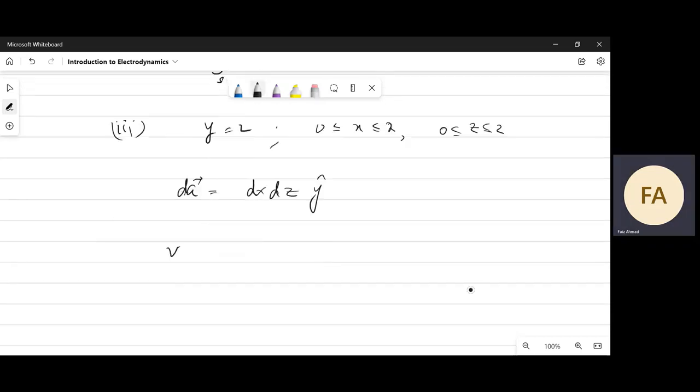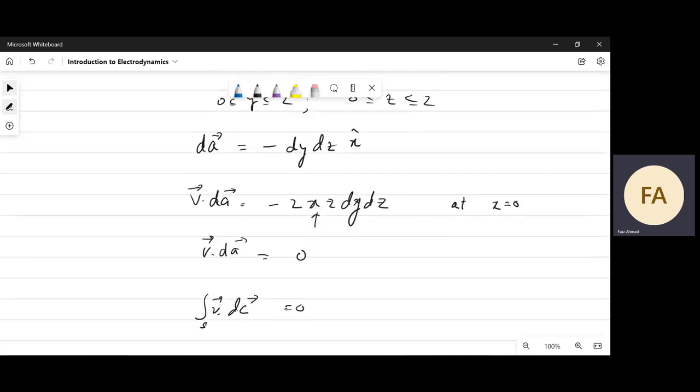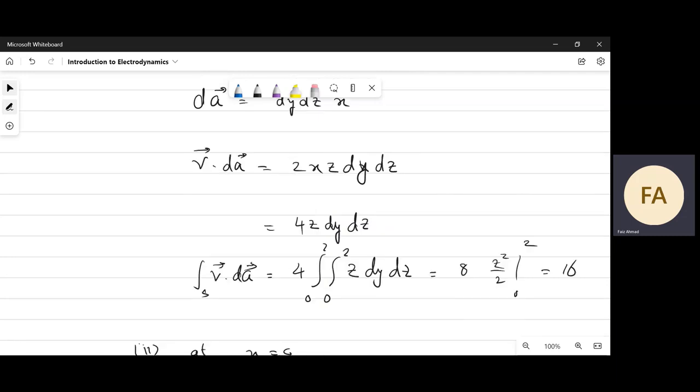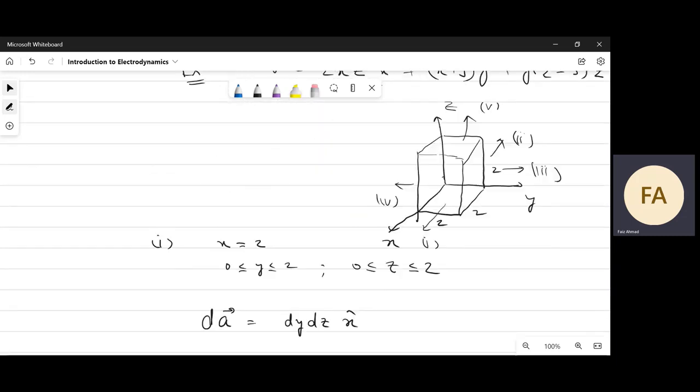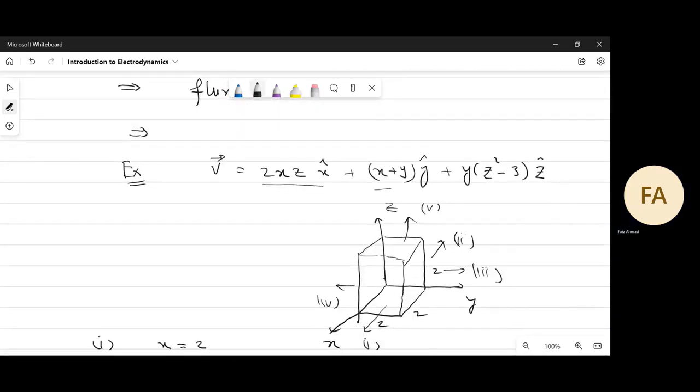If we perform v dot dA, the contribution from the other two components will be 0, so we are left with the middle term, which is this one, x plus 2.